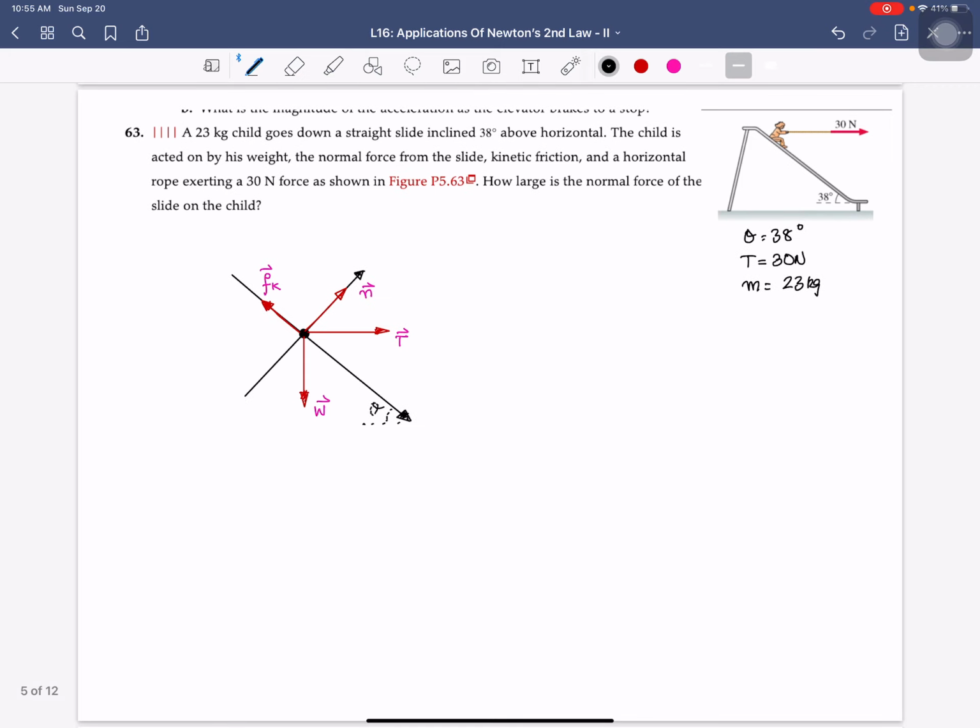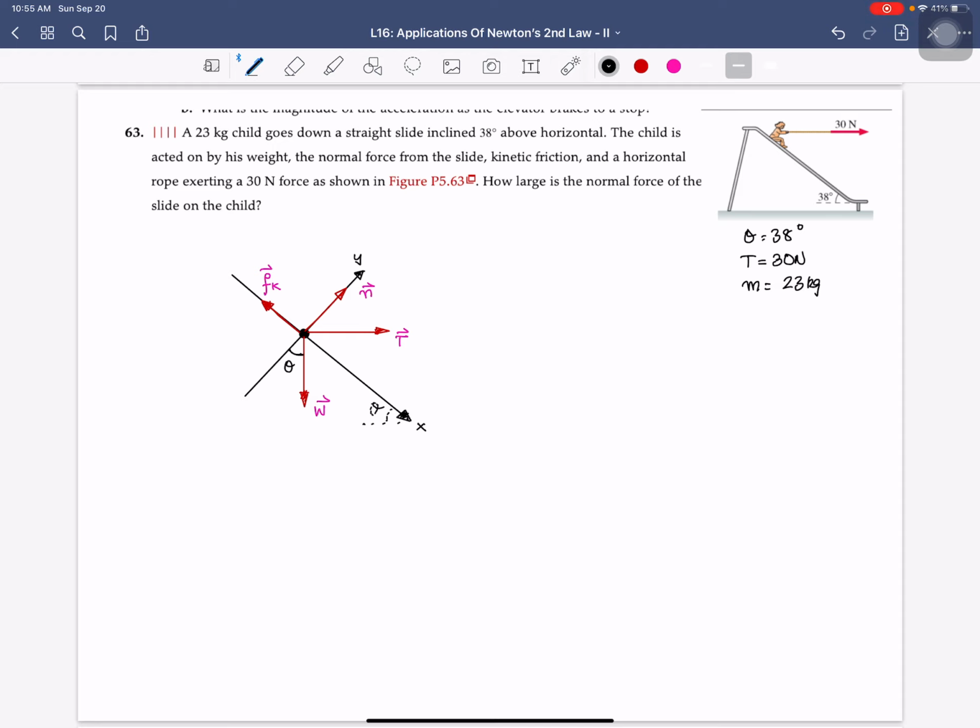Okay, keep that there. So if this angle is theta, like we have done before, the same as this angle is theta. Now in this case, the tension makes an angle that is not along the x or the y axis. So we have to figure that angle as well.